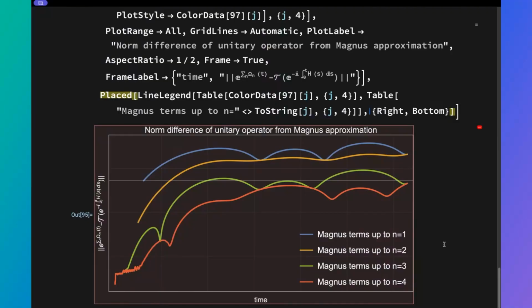And then I'm calculating the norm difference between these 2 operators. By including more and more Magnus terms, as you can see, the difference between the 2 becomes practically negligible, meaning that for this simple case, even the first term in the Magnus is good for all practical purposes.